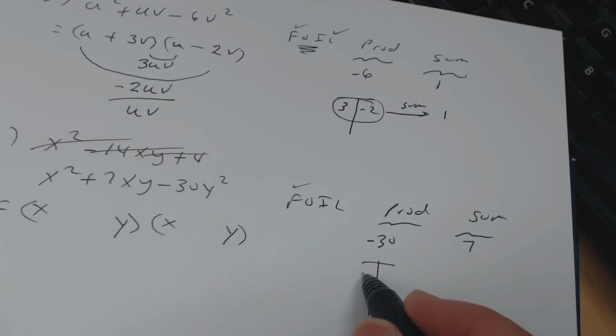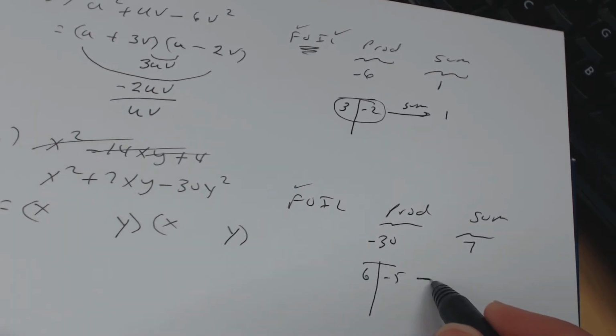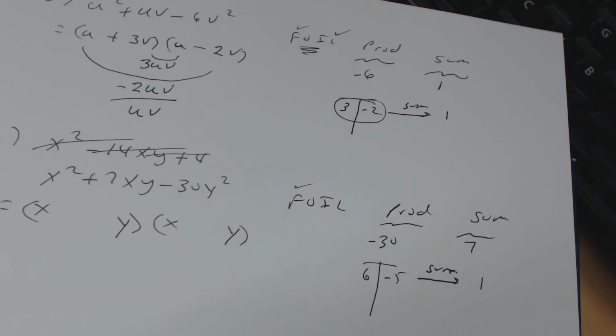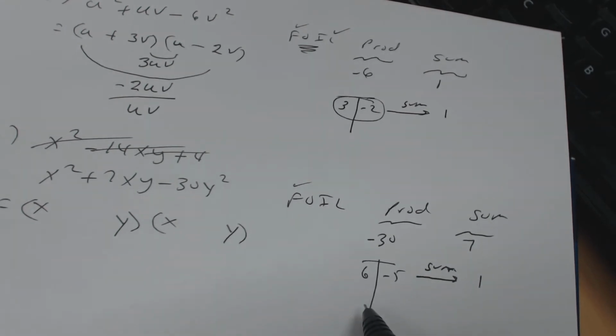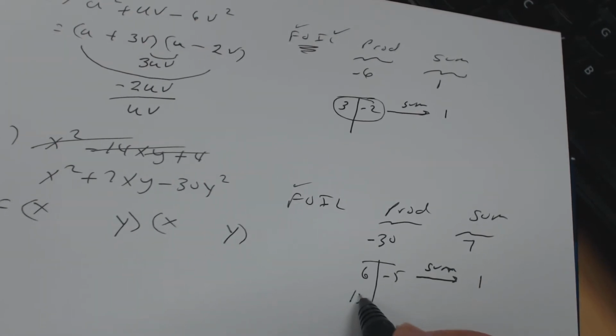That's the only way I can get a negative product. For example, 6 times a negative 5 is a negative 30. But that's not going to work because the sum of 6 and a negative 5 is a positive 1. So that didn't work. What about 15 and negative 2?